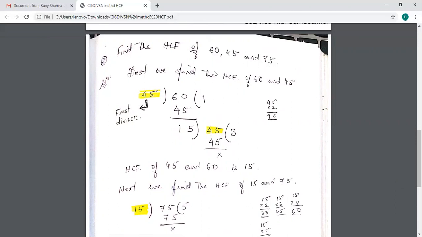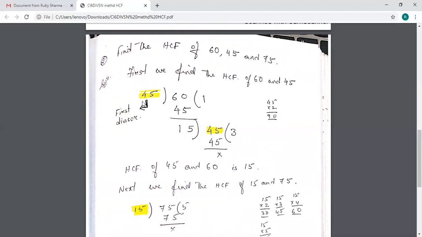Okay. So if I take 60 and 45, first we find the HCF of 60 and 45. So as usual, 45 is the first divisor, 60 the dividend. So 45 ones are 45. 45 twos, you have to try. Okay, so it's more. So 45 ones are 45. Then we subtract and we get 15. Now this is the divisor now.